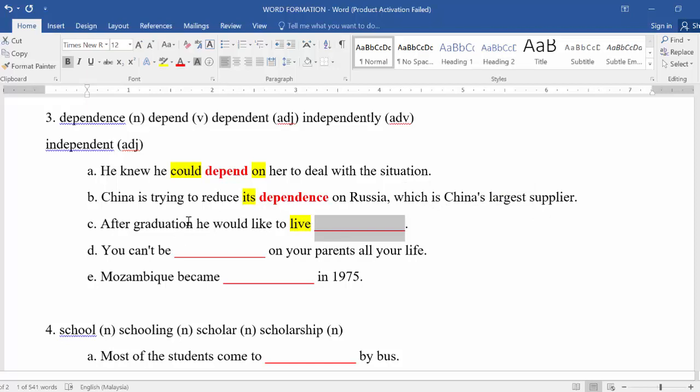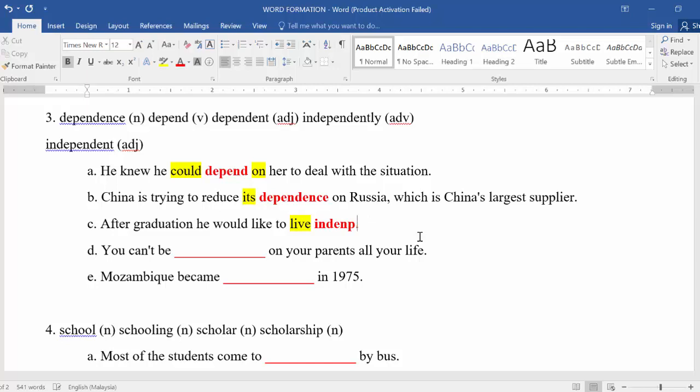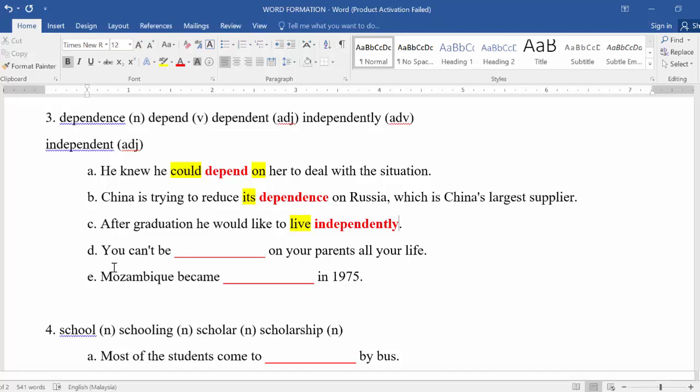So he would like to live independently. Yes, it should be independently. We only have one adverb, independently, describing the verb. Because he has grown up, he would like to live on his own. He would not like to depend on his family anymore. So live independently, describing the verb live.